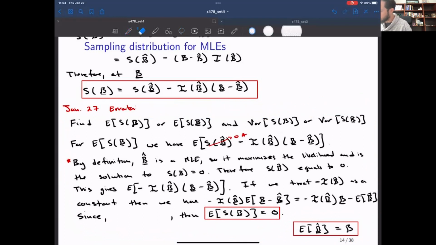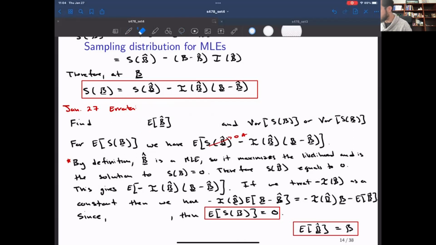Okay, so first off, this part here, we want the expected value of beta hat. Actually, let's just use the multivariate one because that's how I end up proving it anyways.